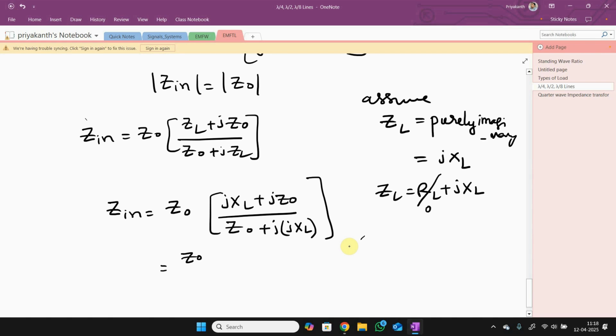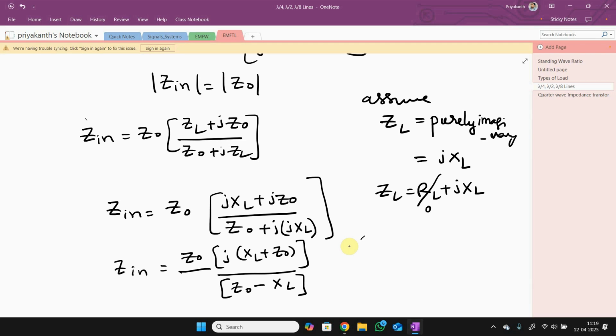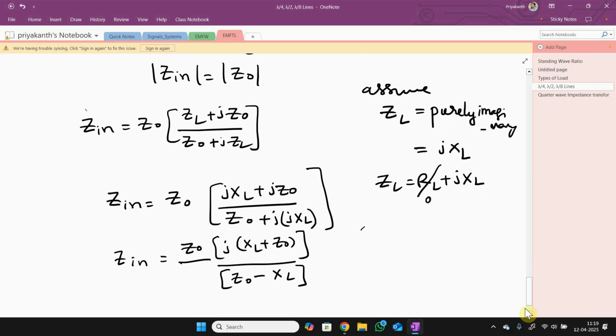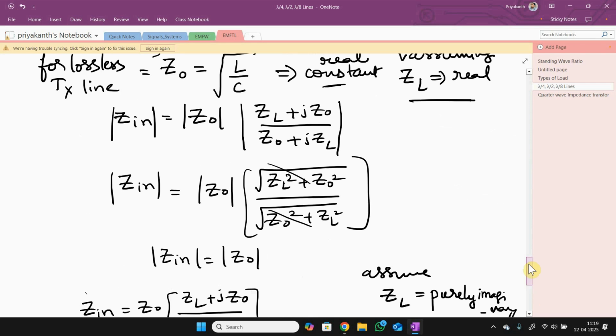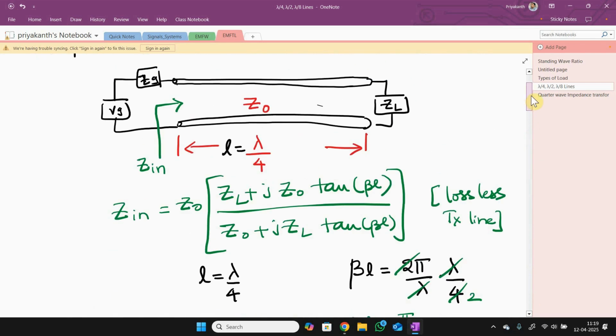This can be written as J times something by Z0. Yes, you can stop here. It's enough. Like this, you can stop. Okay. Clear this point? Yes, sir.